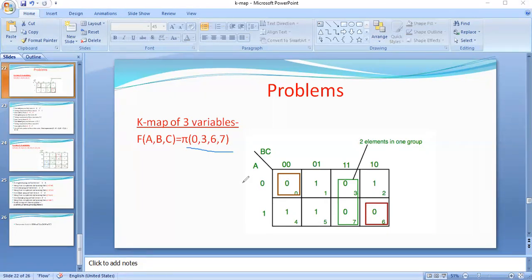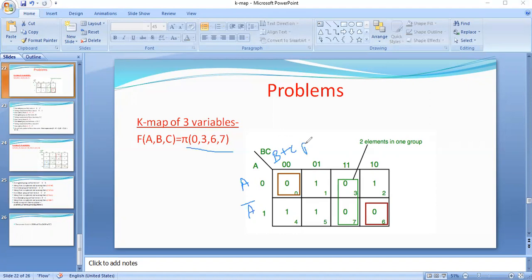For example, if we want to get the minimized product of sums expression, here 0 is the uncomplemented variable and 1 is the complemented variable. Complement means we have to represent a bar. Each cell is a max term, and a max term is nothing but a sum term, so we have to take the sum. See here, 0, 0 means that is b plus c, where 0 is uncomplemented.